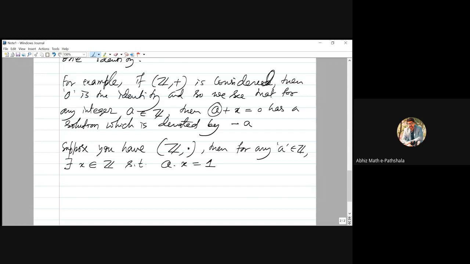For any a, there does not exist x belongs to Z satisfying that a dot x is 1, except a is 1 or minus 1.